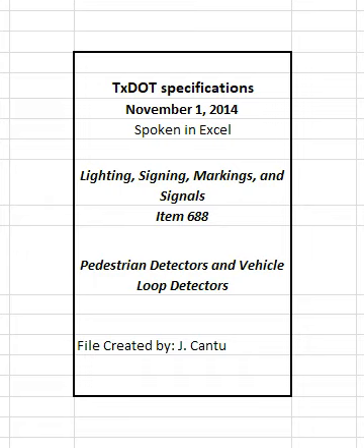5 Payment. The work performed and materials furnished in accordance with this item and measured as provided under measurement will be paid for at the unit price bid for vehicle loop detectors of the type specified, pedestrian detector push-button units of the type specified or pedestrian detector controller unit.